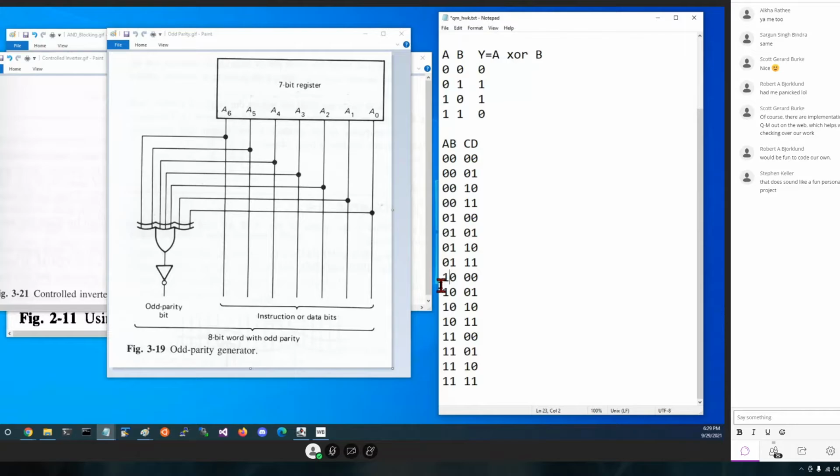So this is just a simple truth table. Let's assume for a second that I were taking 2 of these into the equivalent of a single XOR gate, this table up here. Well, the output, let's call this output W.